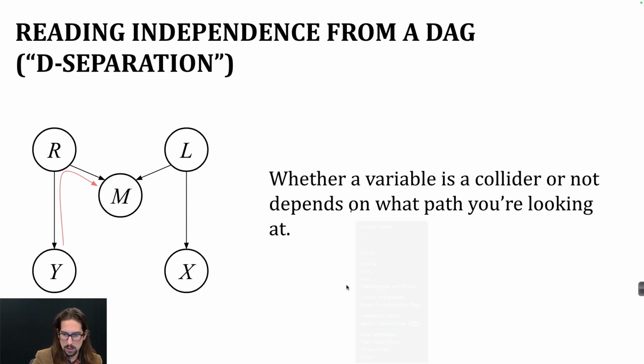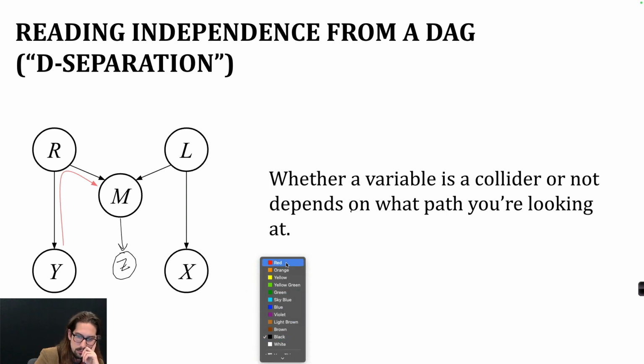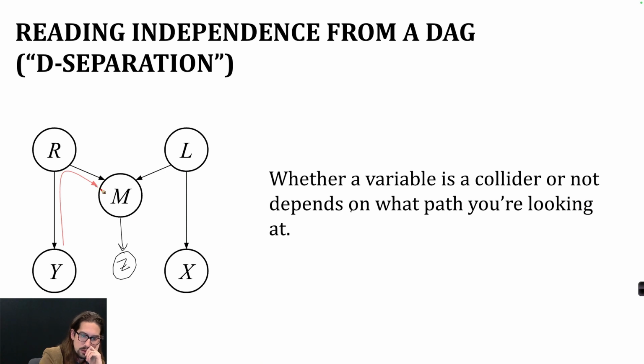A clearer example might be if you had another variable here, let's say this were called z, and we were looking at this path here where this continues to z. M is not a collider for this path.